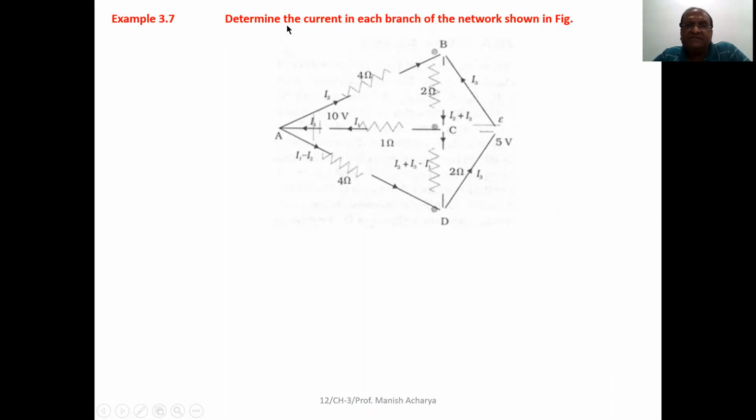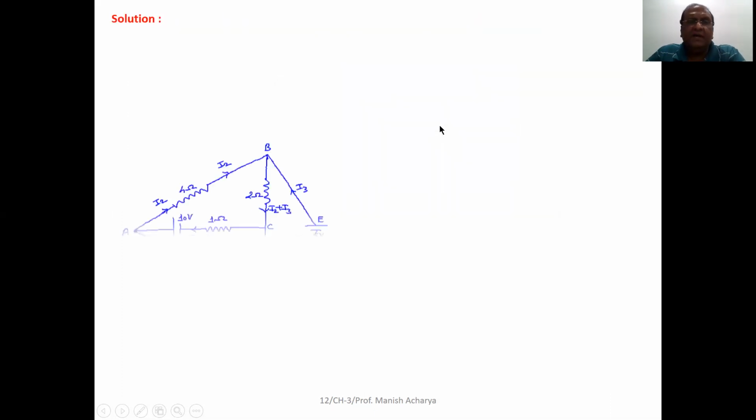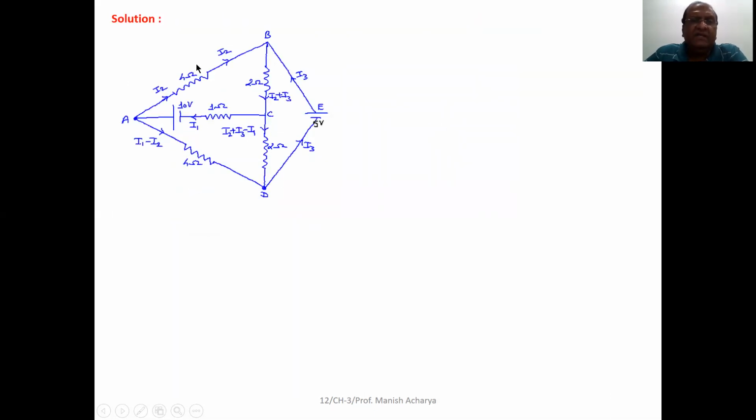Example 3.7. Determine the current in each branch of the network shown in the figure. Now the network is given to you, the components connected, their values are given to you, as well as the currents in each branch. Now see, this one is your network and you have to find the current through each branch.